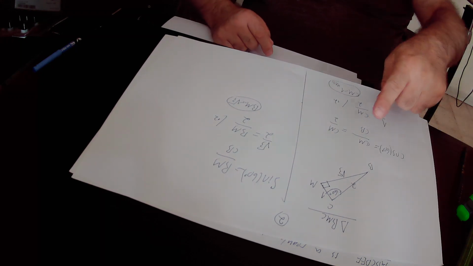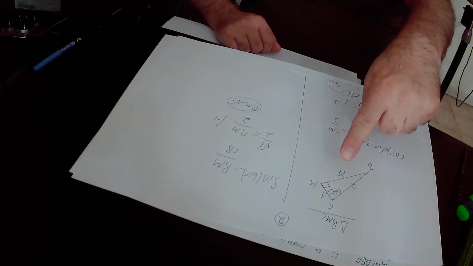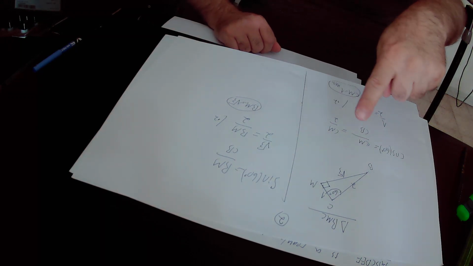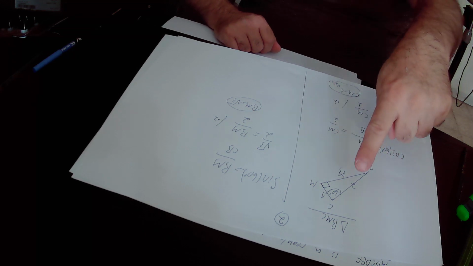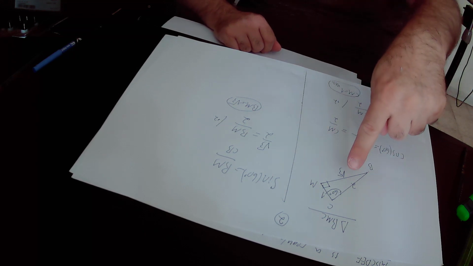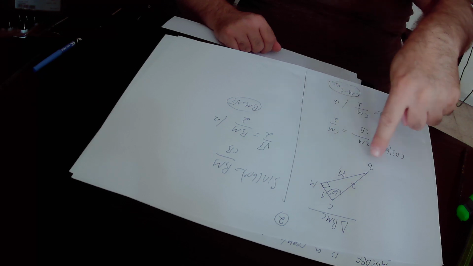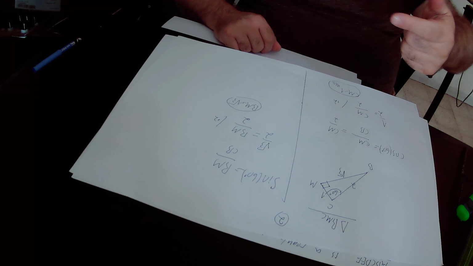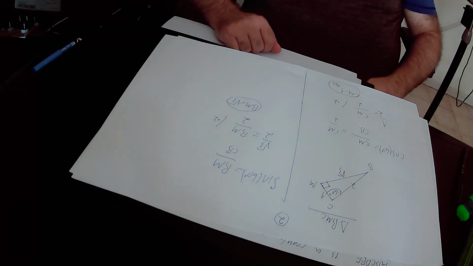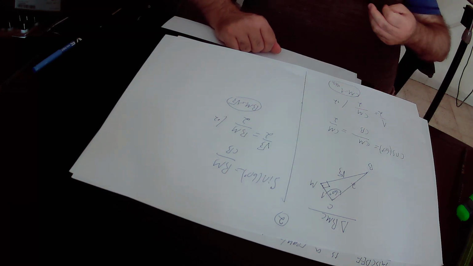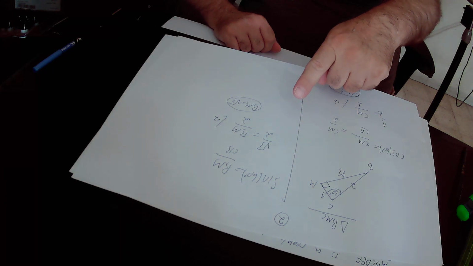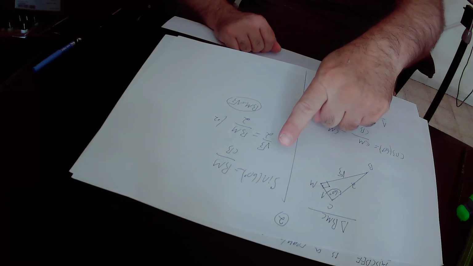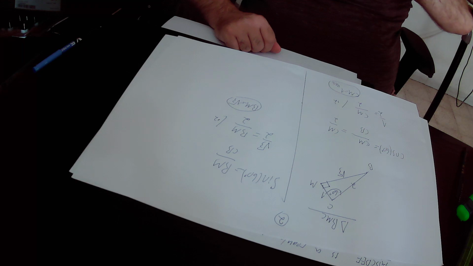Likewise, in triangle BMC, sine 60 degrees equals BM over CB. Sine 60 degrees equals the square root of 3 over 2, so we substitute sine 60 degrees by the square root of 3 over 2.